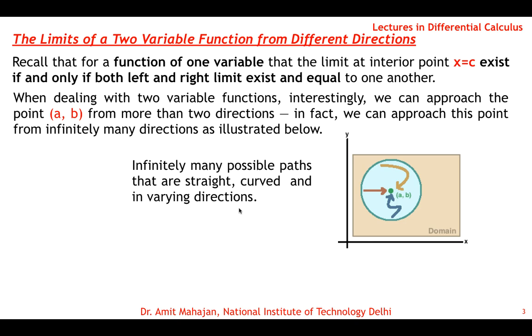We can utilize the epsilon delta definition to prove the limit, if the limit exists. Otherwise, if the limit does not exist at a point, then because there are infinitely many paths, and we know that if the limit exists it should be unique for every path, there should be at least two paths for which we get two different limit values.